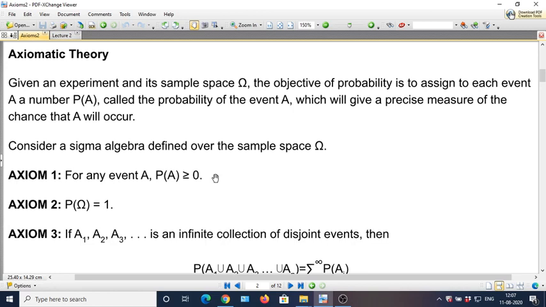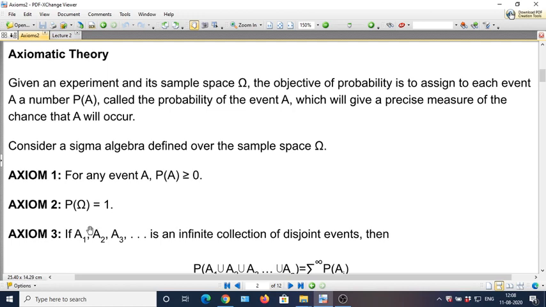Then, as we already saw, the sample space itself has to be an element within the sigma algebra, and its probability measure is assigned a value of 1. That is the second axiom.